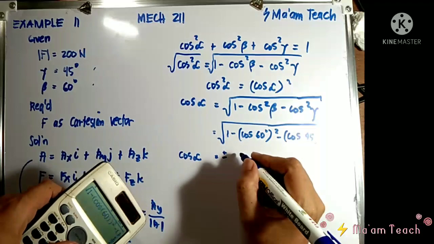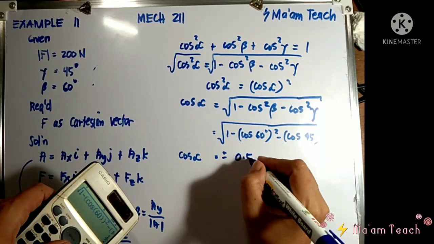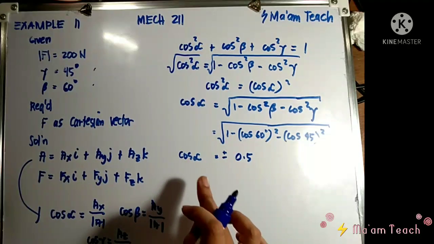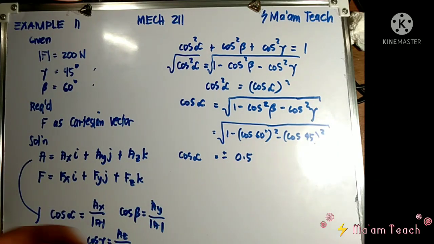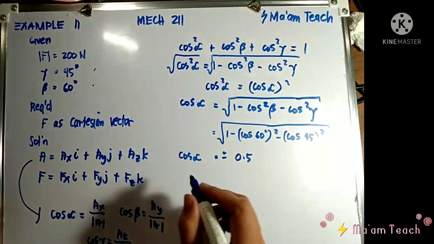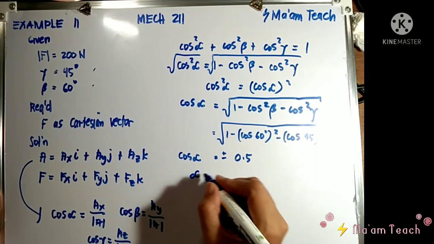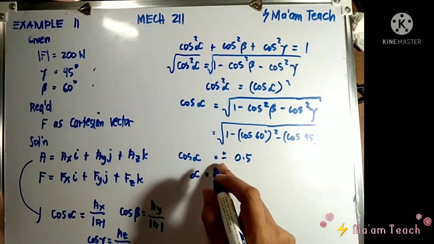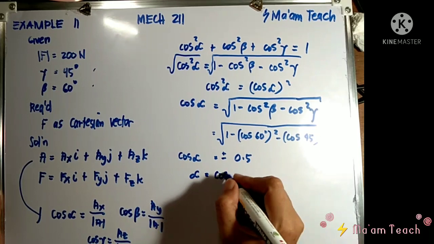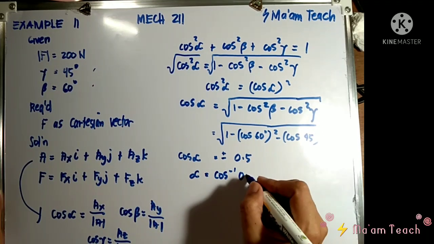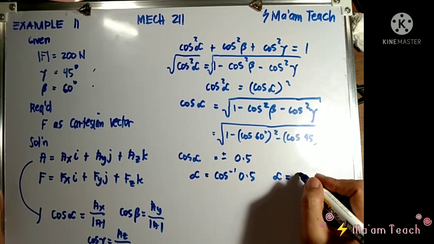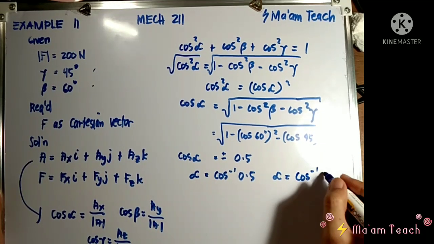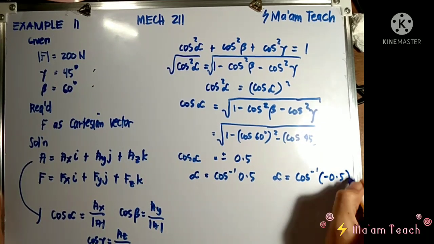Since we have positive and negative, we have two values, class, two values of alpha. And to get that angle, you have to get the arc cosine. So alpha here will have two values: arc cosine of positive 0.5, and the other one is arc cosine of negative 0.5.